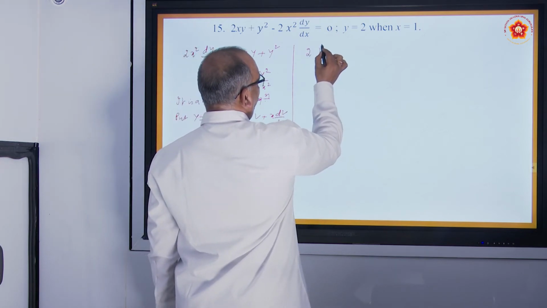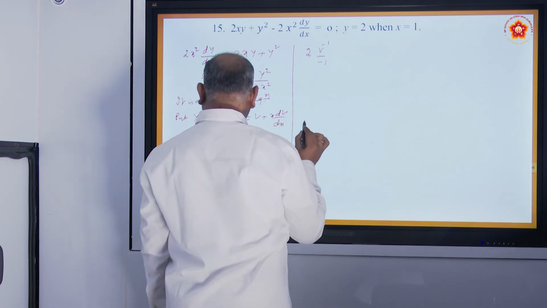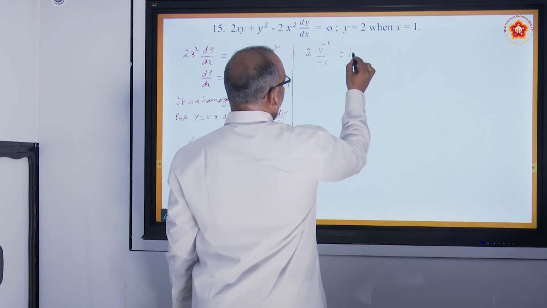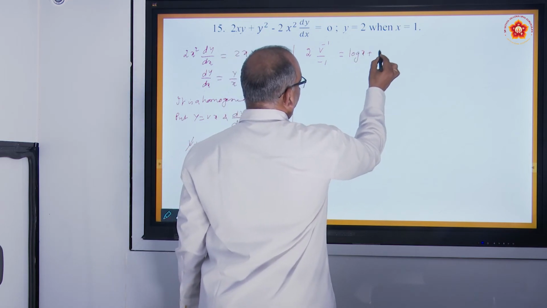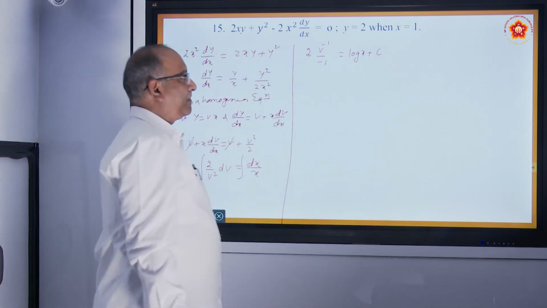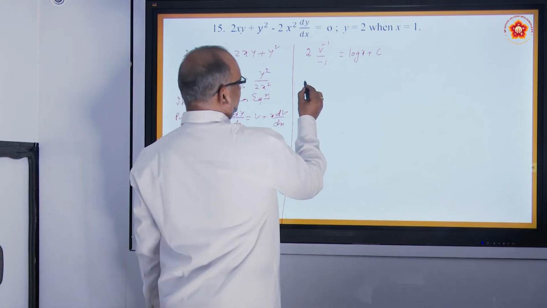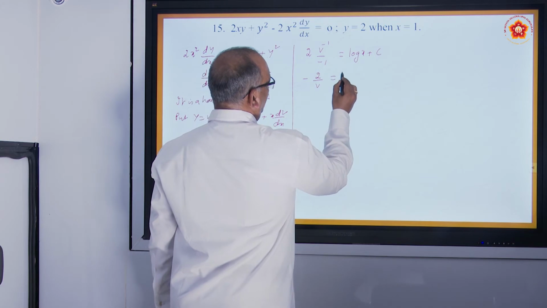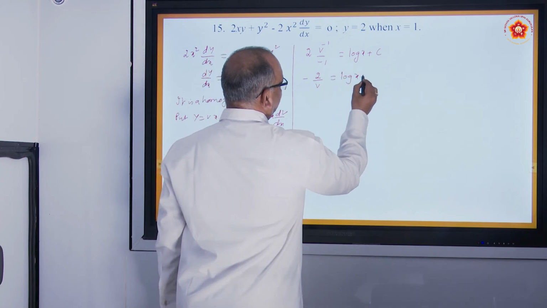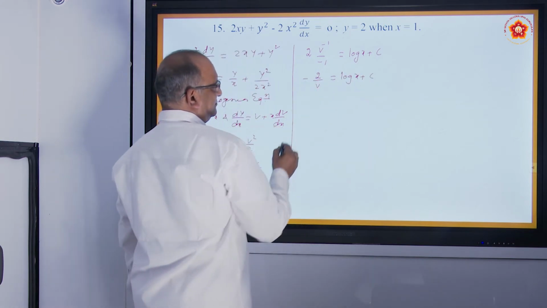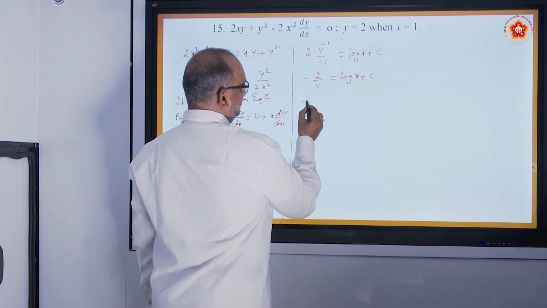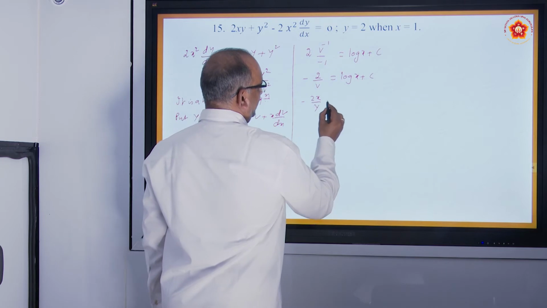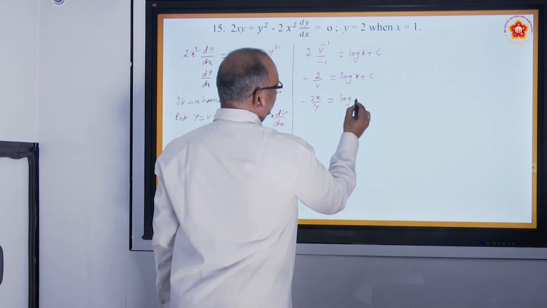So, the integral is v to the power minus 1 by minus 1 equal to log x plus c. In other terms, it is minus 2 by v equal to log x plus c. Substitute back what is v. v is what? y by x. So, it is minus 2x by y equal to log x plus c.